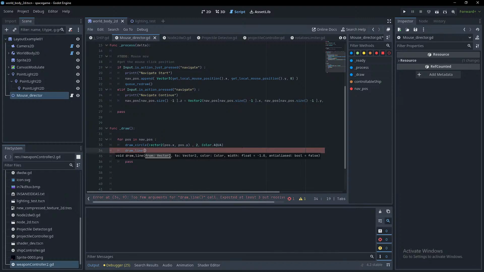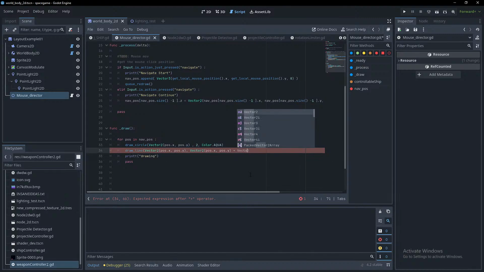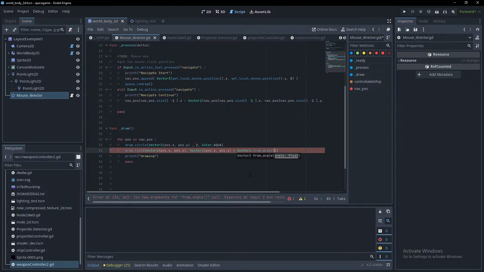And we're going to do it from position X, position Y to this plus from angle, and then we'll just run the same color and we'll do the width as 1.